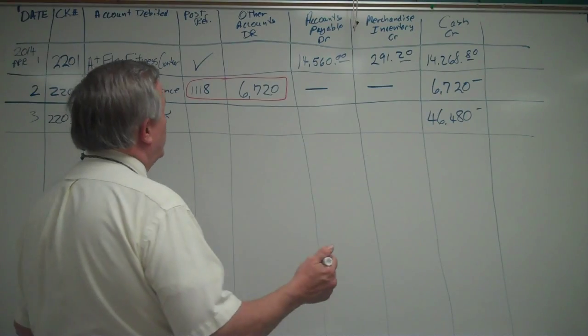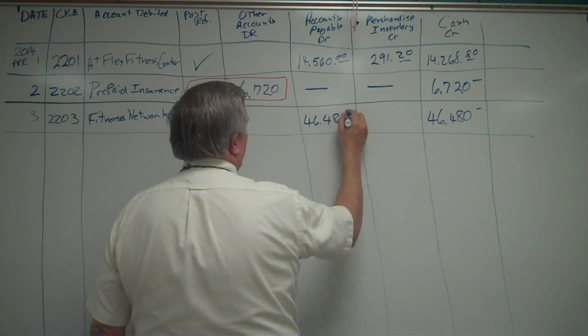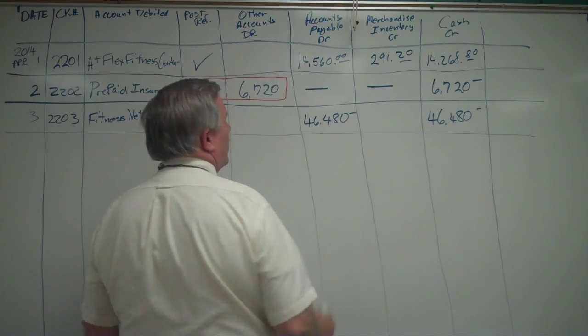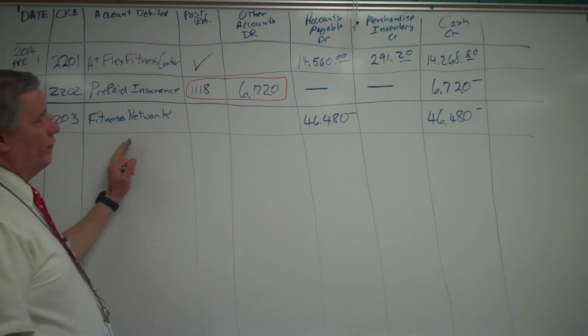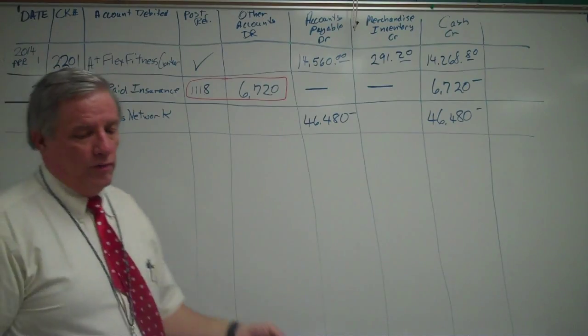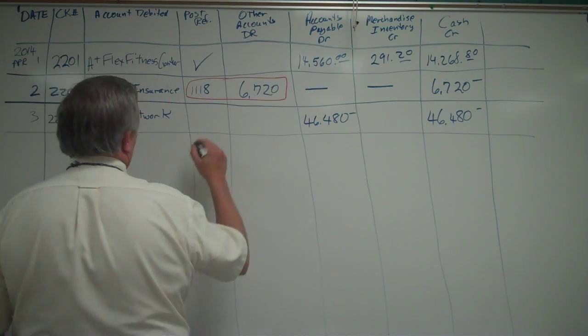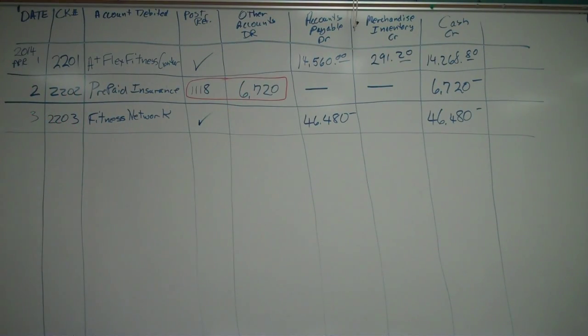I'm going to put a $46,480 debit in accounts payable. I'm not going to post it to accounts payable right now, but I am going to go over here to the Fitness Network subsidiary ledger, put the debit of $46,480 in there, and CP1 there, and a check mark in our posting reference column here.